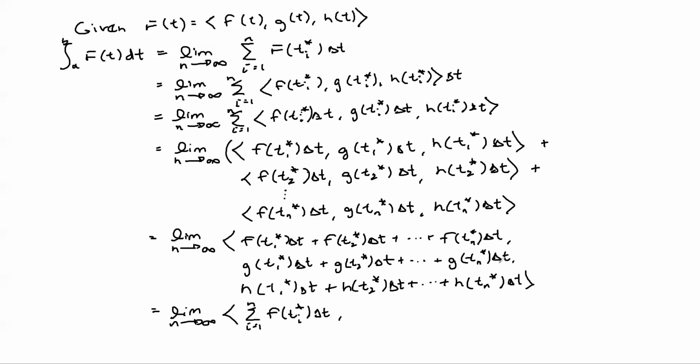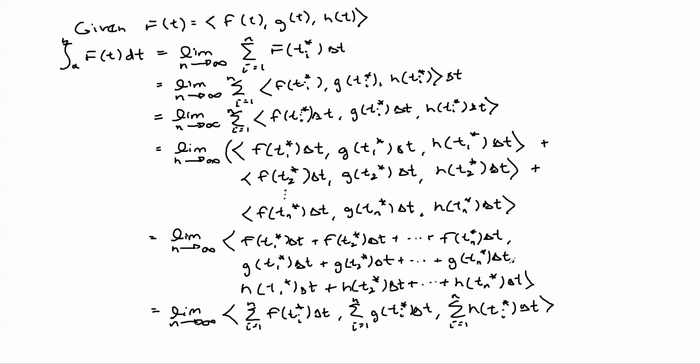And then this is the same thing as the summation i equals 1 to n of g of t sub i star change in t. And then this here is the same thing as the summation i equals 1 to n of h of t sub i star change in t.